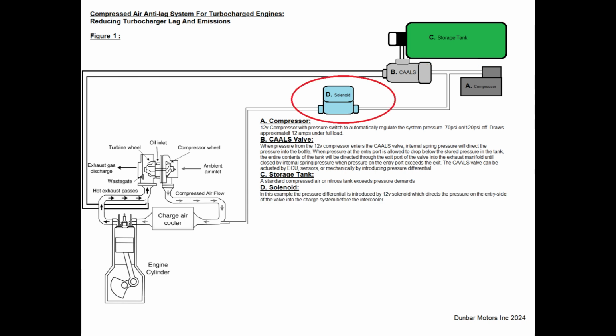And also in this example, the pressure differential is introduced by a 12-volt solenoid, which directs the pressure from the compressor side into the intake tract. It does this before the intercooler, reducing temperatures so that it's actually increasing pressures at both the intake and the exhaust manifolds, while introducing fresh air to both and reducing emissions and NOx gases.